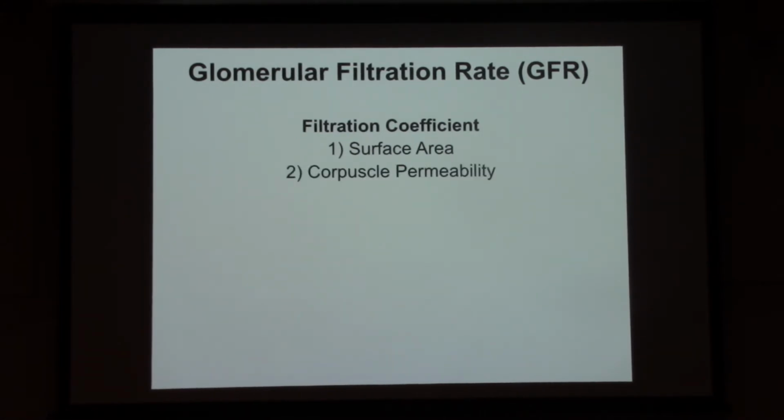It's also based on corpuscle permeability. Well, your corpuscles are really permeable. They're super leaky. We saw that in the drawing of those podocytes. There are gaps between the cells. And that's really leaky, allows for a lot of filtration to occur. It's also based on filtration pressure.